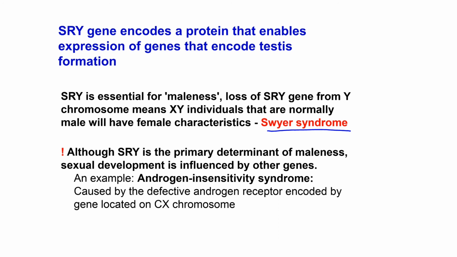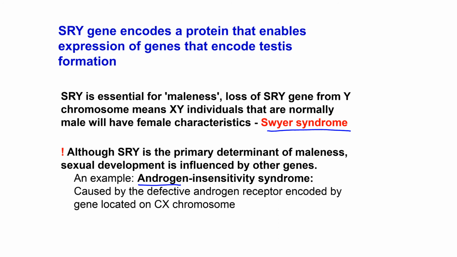Let's talk about one example, which is androgen insensitivity syndrome. This syndrome is caused by a mutation in the androgen receptor. Do you recall that the SRY gene triggers development of testes and production of testosterone? However, in order for testosterone to be functional, it has to bind and activate the androgen receptor.